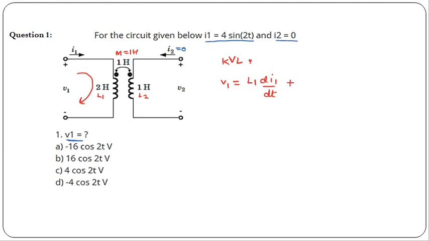Because of mutual inductance, the primary side voltage is induced, and its value will be given by M into d of I2 by dt.